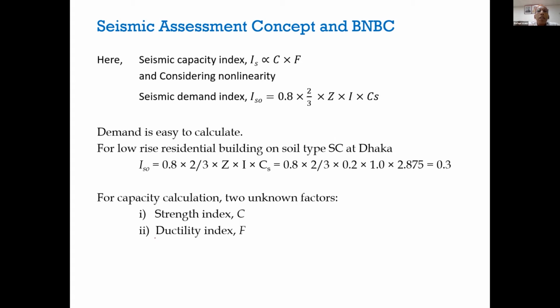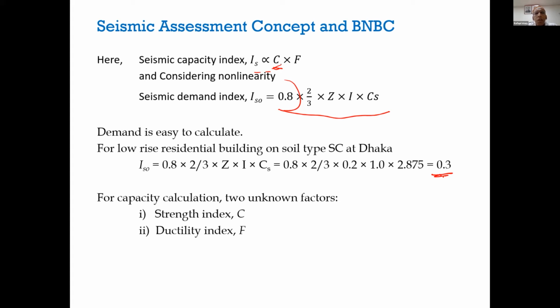And this we call the capacity, and considering the inelastic behavior, the demand is reduced by 80%. For example, the demand at Dhaka for a low-rise building will be around 0.3 if we put in the values. So if the capacity, the multiplication of strength and ductility, is more than 0.3, then the building is safe.